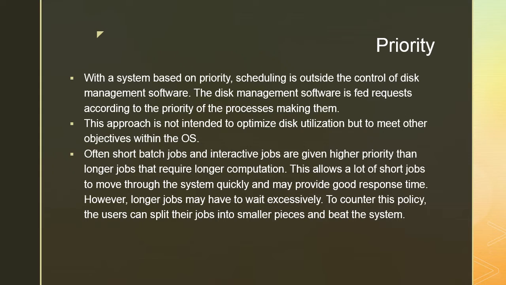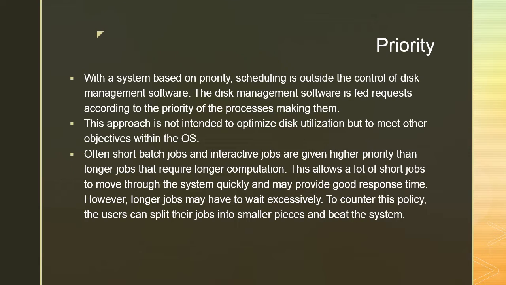Often, short batch jobs and interactive jobs are given higher priority than longer jobs that require longer computation. This allows a lot of short jobs to move through the system quickly and may provide good response time. However, longer jobs may have to wait excessively.